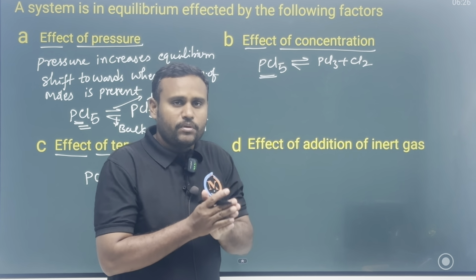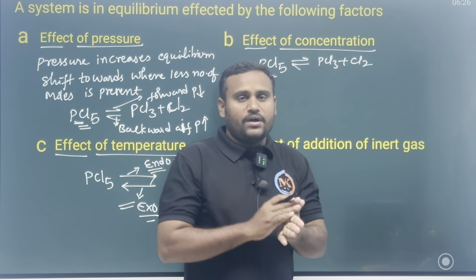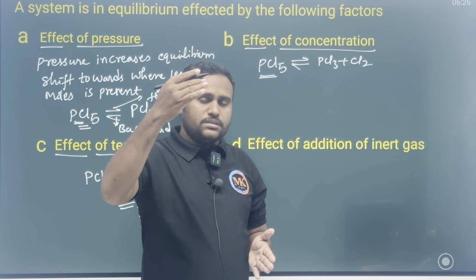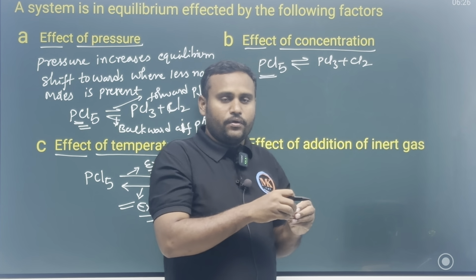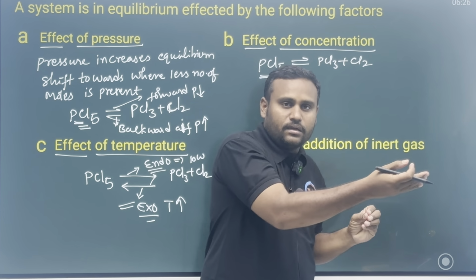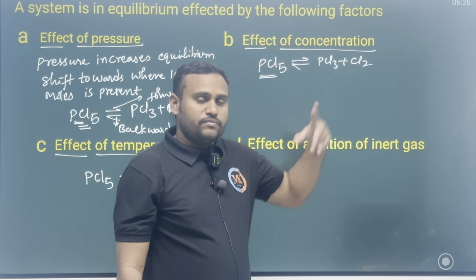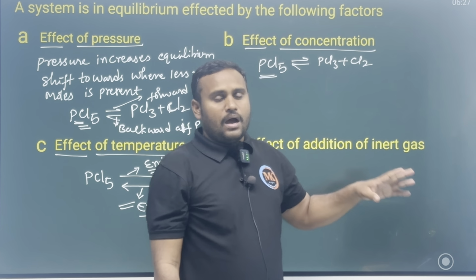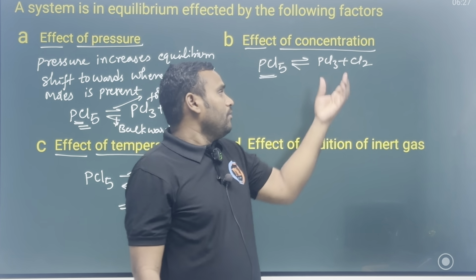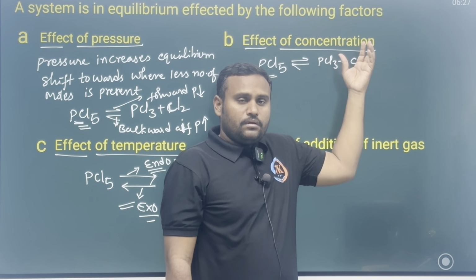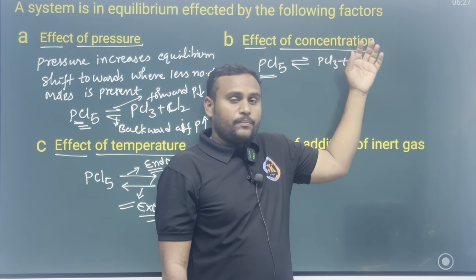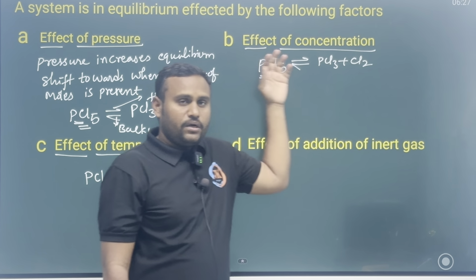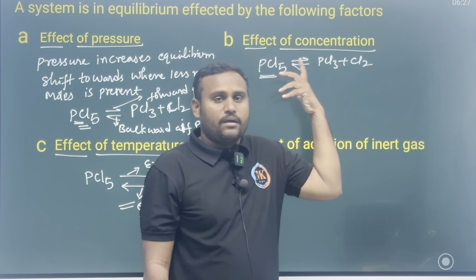Simply remember, at equilibrium, if the concentration of reactant is increased, meaning we add extra PCl5, that extra amount is again converted into products. So the direction is forward. After establishing equilibrium, when we add products, the extra amount of products is converted into reactant, in the backward direction.